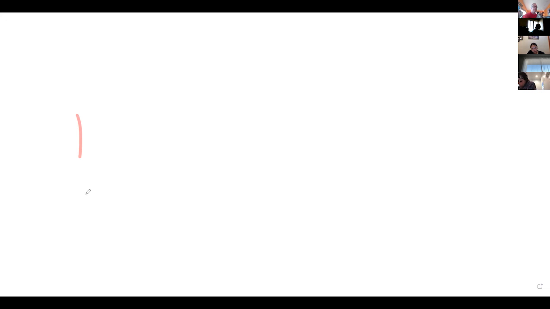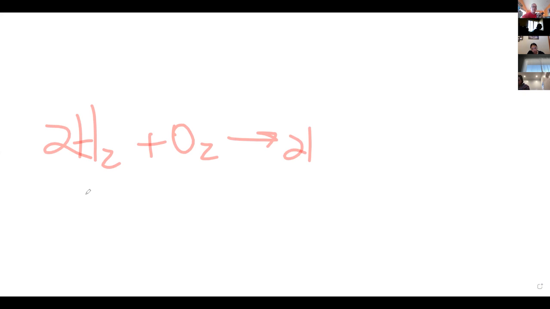If we burn hydrogen gas in the presence of oxygen, we make water. And that reaction doesn't go backwards. It's not like we can just take water and it spontaneously goes back into being oxygen gas and hydrogen gas. That doesn't happen. So basically this reaction just goes in one direction.